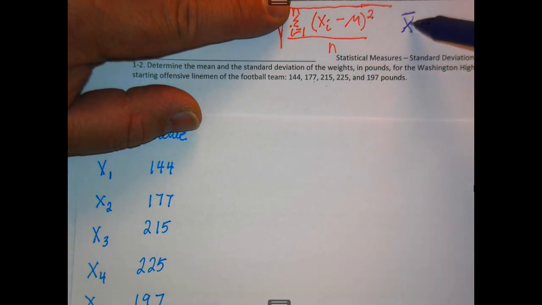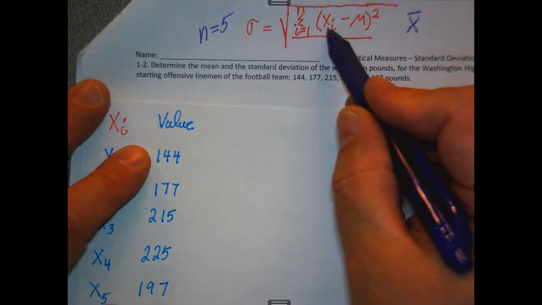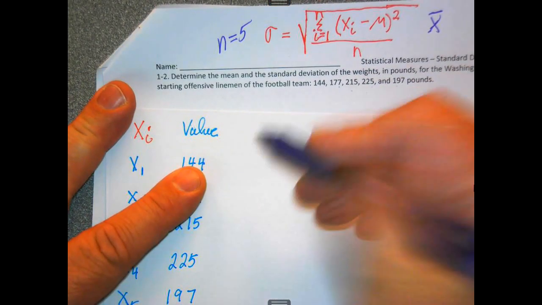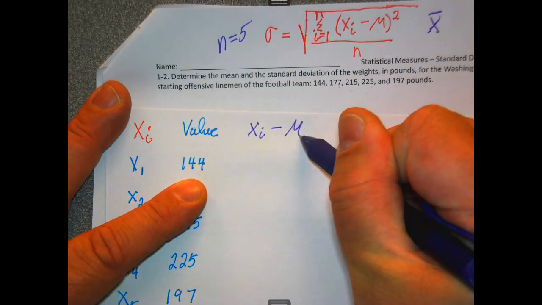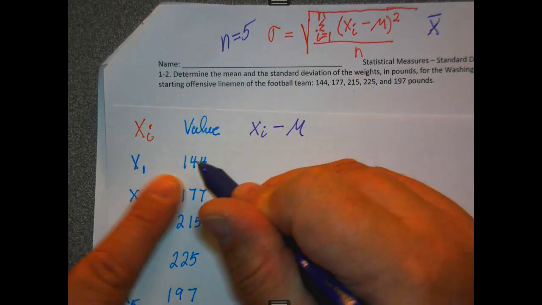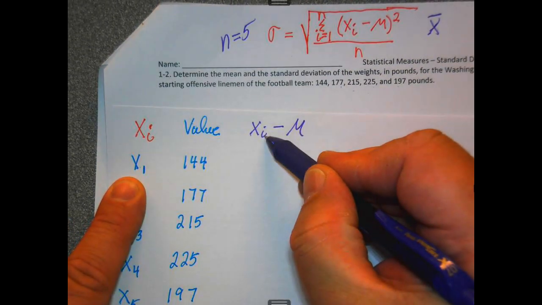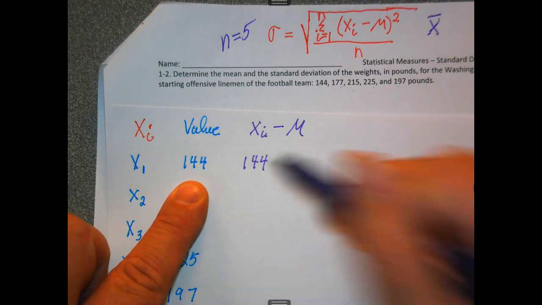This is our purpose. Okay. So we have to figure out this part of the equation. Figure out x of i minus the mean. x of i minus the mean. Okay. So this one, x of 1, when i equals 1, 144. Now, we got to find the mean.